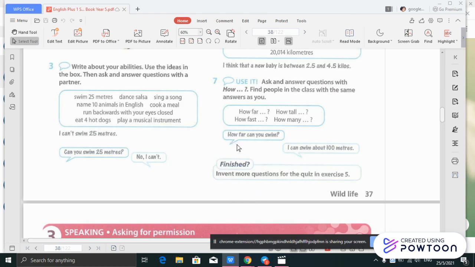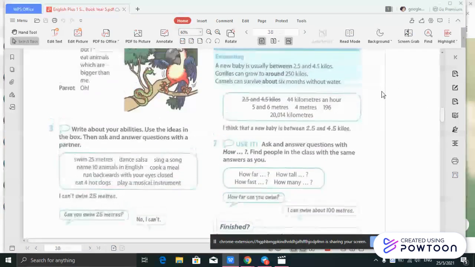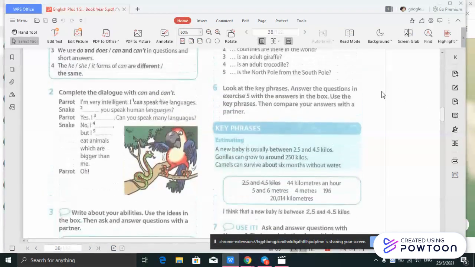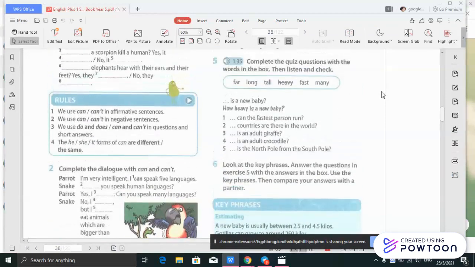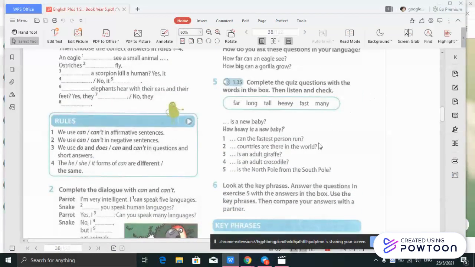Okay, if you have finished that and you feel it's more interesting, you can invent more questions for the quiz in exercise 5. So if you want to come up with more questions similar to what we did earlier in activity 5, after listening to the podcast, you can come up with your own questions as well. That's all. It's as simple as that.